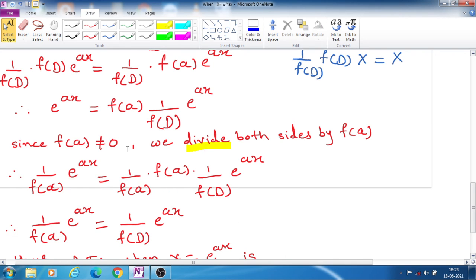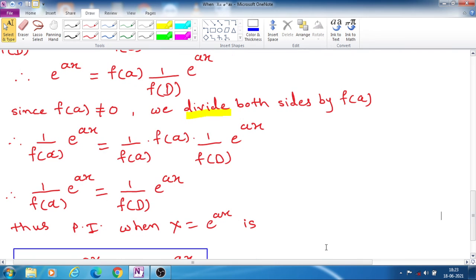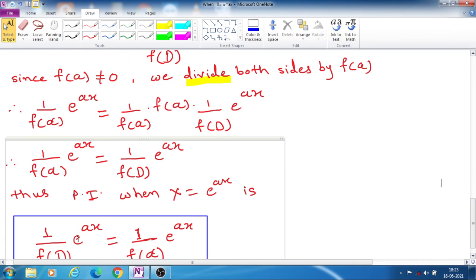Here I have just written 1 upon f(D) on both sides. Now on the LHS we have 1 upon f(a) e raised to ax, is equal to the RHS. Now this f(a) and 1 upon f(a) get cancelled and only 1 upon f(D) e raised to ax remains. So we have got the value of 1 upon f(D) e raised to ax. So we write on the LHS 1 upon f(D) e raised to ax and it is equal to, on the RHS, 1 upon f(a) e raised to ax.